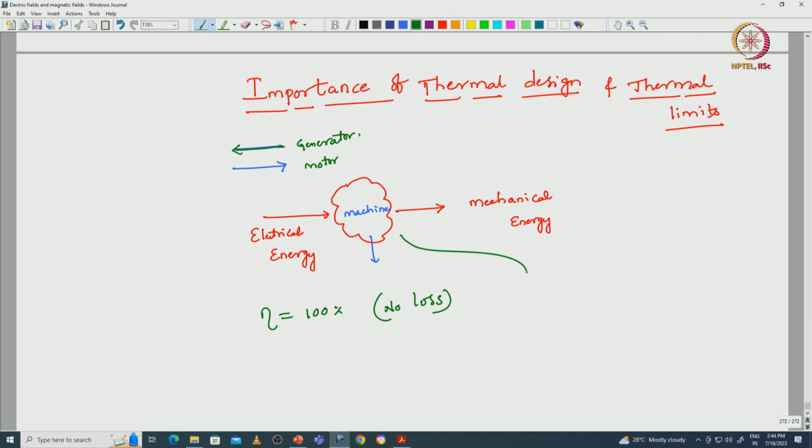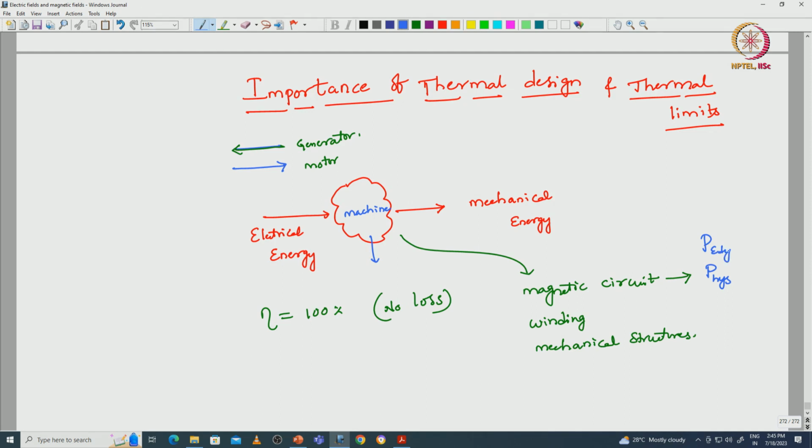But the practical system has some non-idealities with respect to the magnetic circuit, electrical windings and mechanical structures. With respect to the magnetic circuit, we will see the iron losses with respect to the hysteresis and eddy current losses.